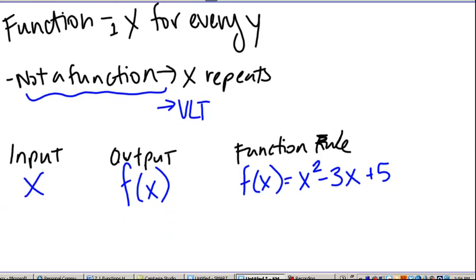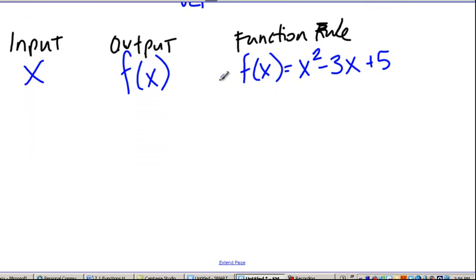Okay? I know you all had a problem like this on your assignment today, but I want you to practice it, and I'm going to show you exactly how to solve it. I want y'all to find your f of x minus 2 for this function rule.